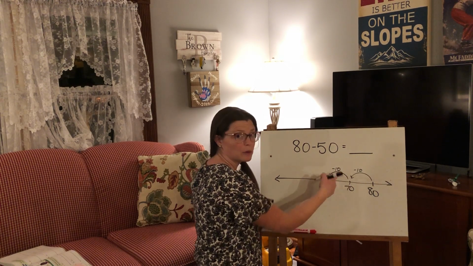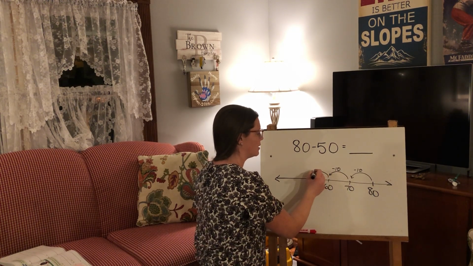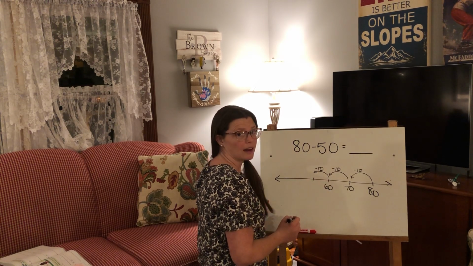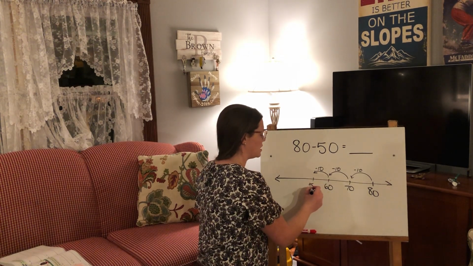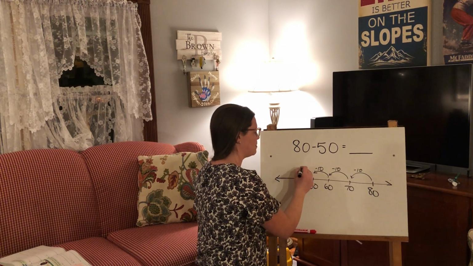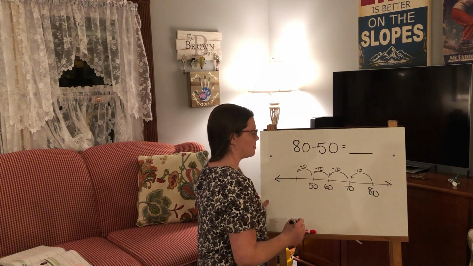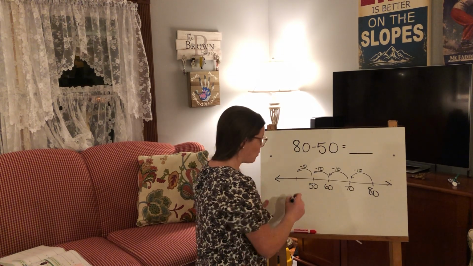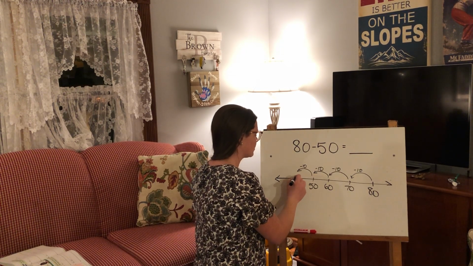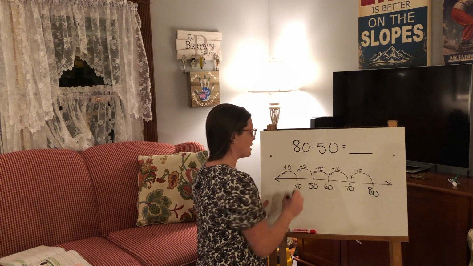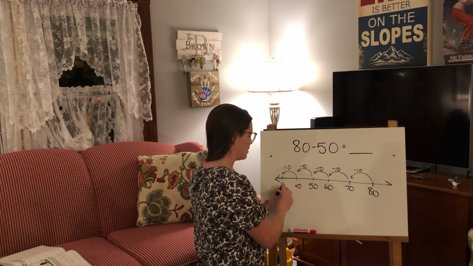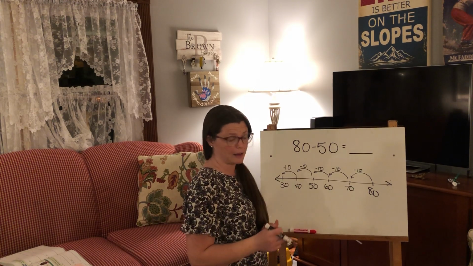All right, so I went 2. Need to keep going. I'm gonna jump back 10, and I'll end up at 50. Need to keep going. Jump back 10 more, and I end up at 40. And then I'm gonna jump back 10 more, and I end up at 30, right?